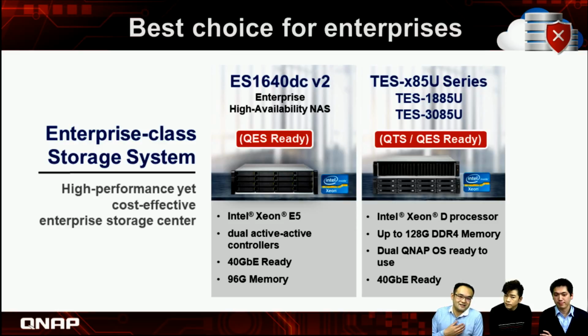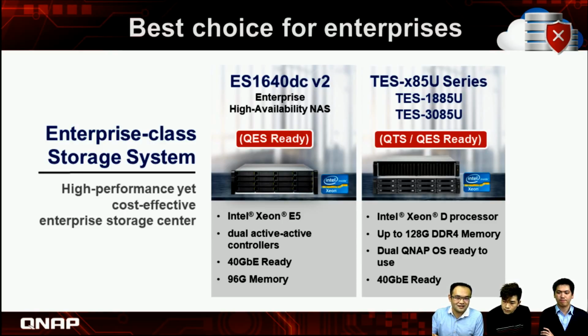So I think these two models are the best choice for enterprises, right? These two models are what QNAP provides as enterprise solutions. The first one is the ES-1640DC, a high availability NAS to guarantee your service will not stop.